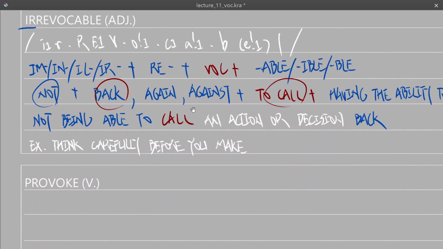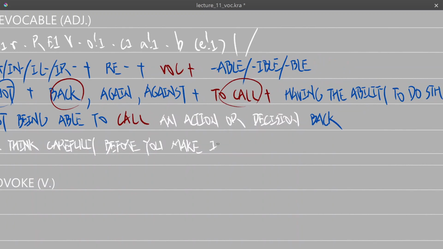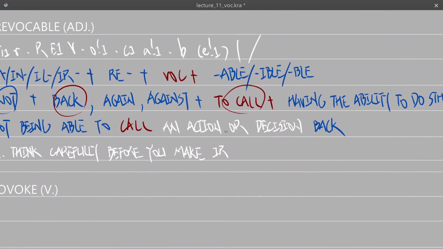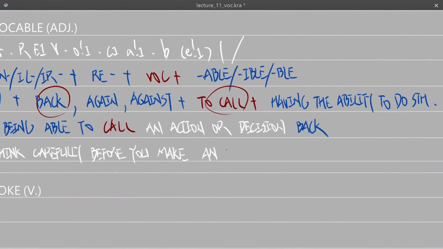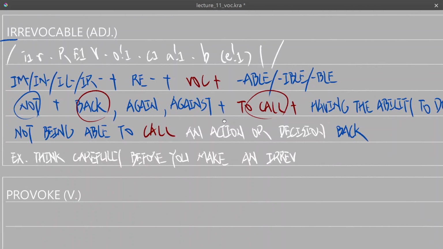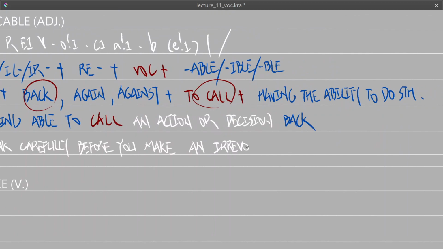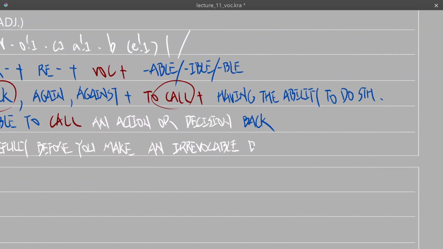Think carefully before you make an irrevocable decision.